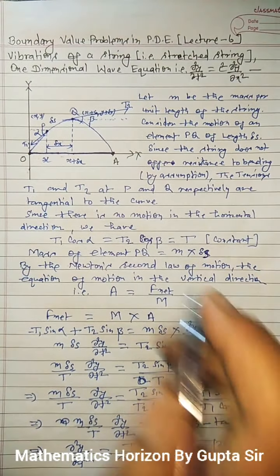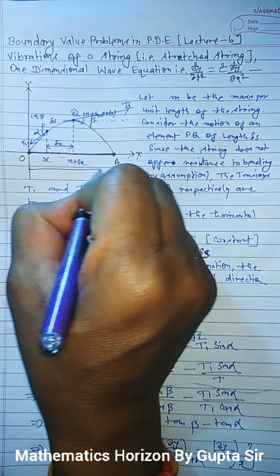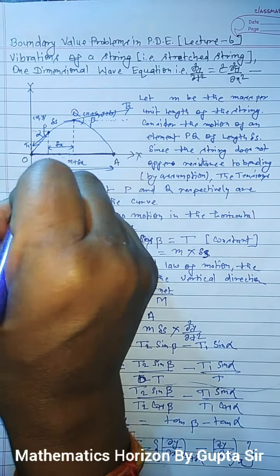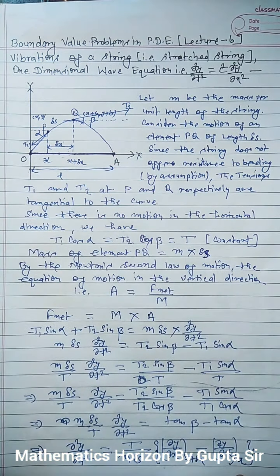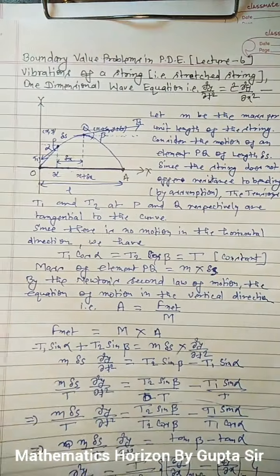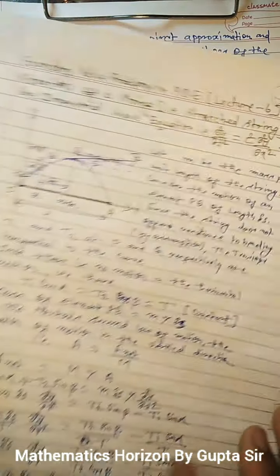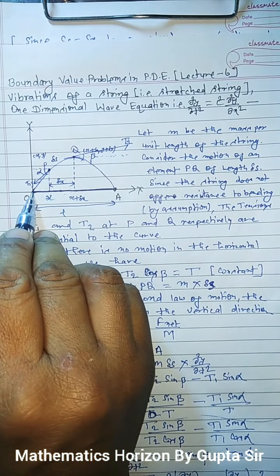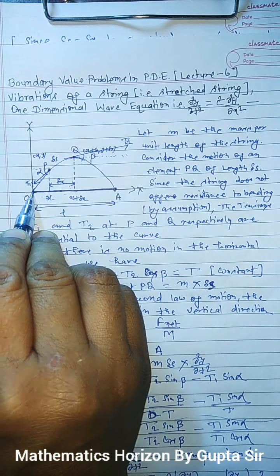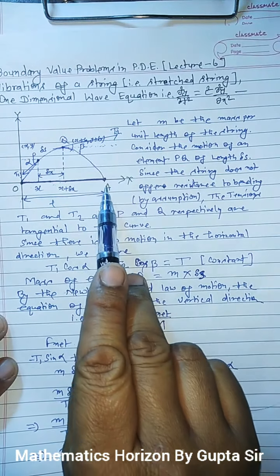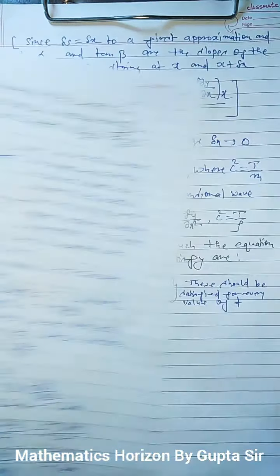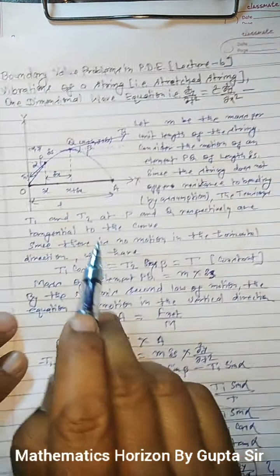Here we can see the length of the string we assume is L. When y equal to 0, here we have y equal to 0 and x equal to 0, and here we have y equal to 0 and x equal to L. Okay, at the time t.